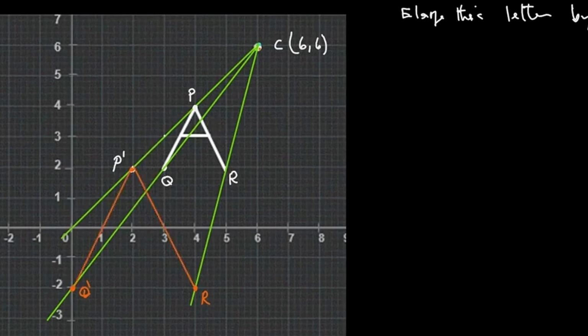You should also note that you can get the center line for A using the same technique. You simply identify one point on this object. Let's call this T for argument's sake. And you draw a line through T from the center of enlargement to project onto the image coordinate to determine T prime. Let's do that now.